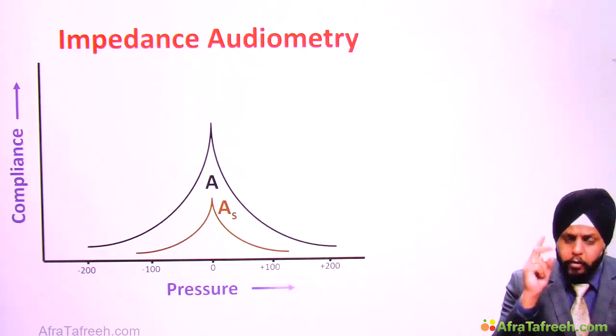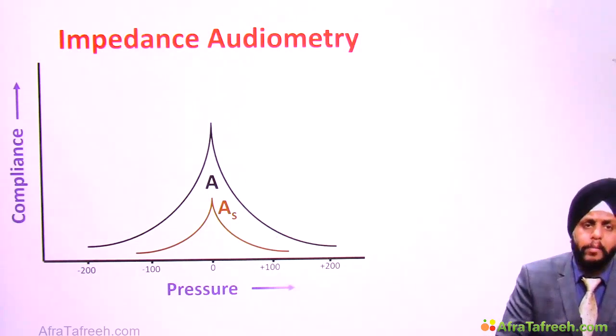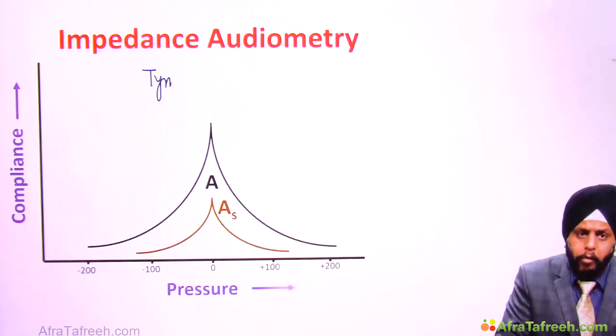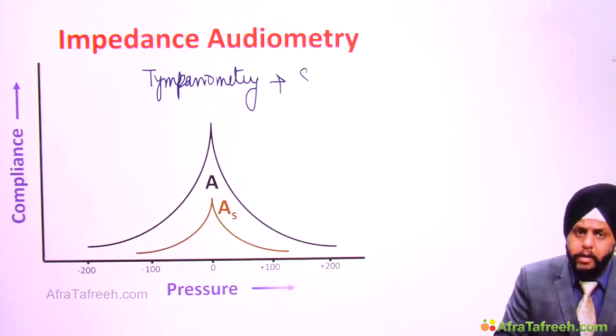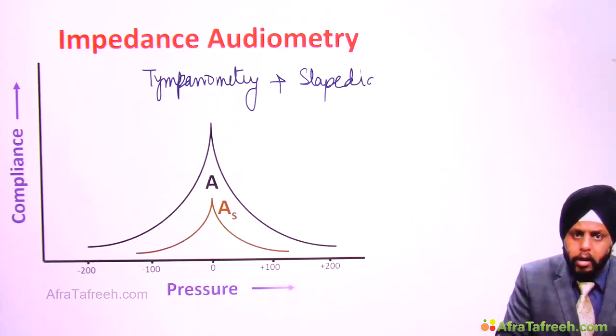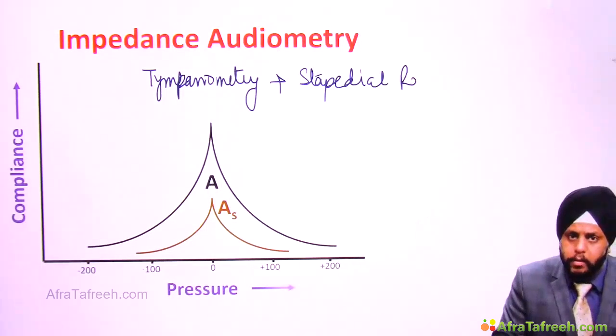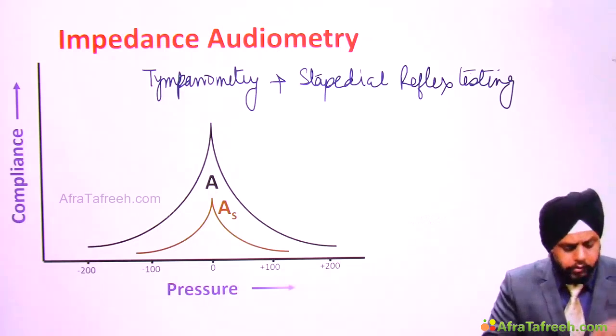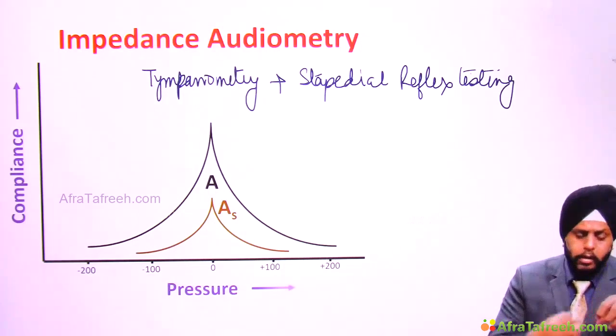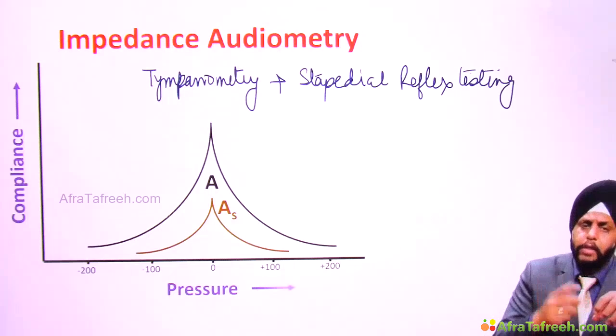Now impedance audiometry consists of two things. Number one is tympanometry. What I just showed you was the tympanometry curve, the AS curve, and along with that we have stapedial reflex testing. Now what will happen to the stapedial reflex? The stapes is fixed, it is not moving. So when the stapedius contracts, there will be no movement.